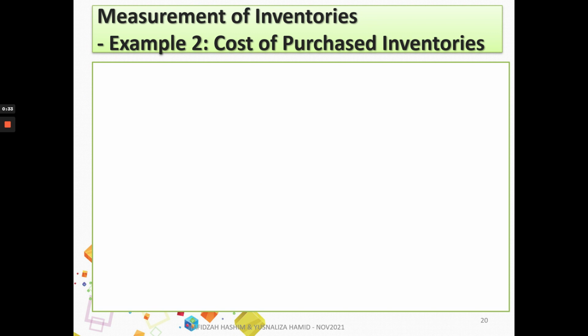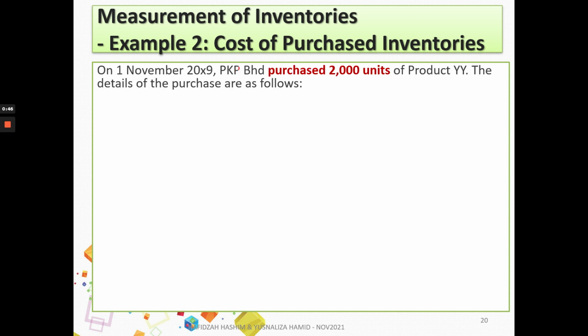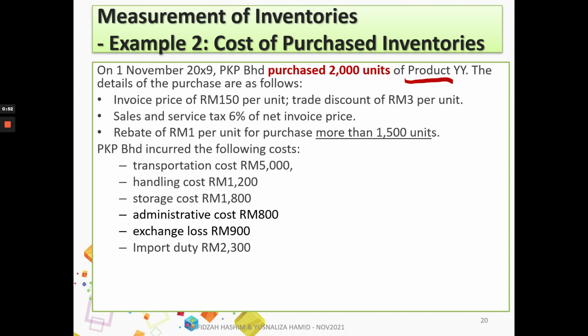The measurement of inventories. This is example 2 of MFRS 102. Example 1 is in the previous video. This is related to the cost of purchased inventory. On the 1st of November, PKP Berhad purchased 2,000 units of product YY. These are the details of the purchase.